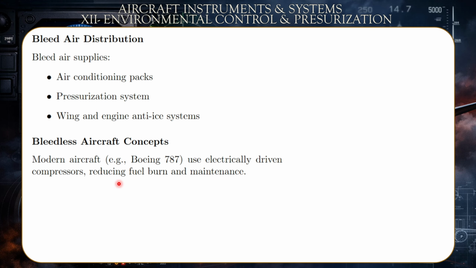This would reduce the fuel burn and it would also reduce maintenance. This, in fact, would lower the strain or pressure on the engines. This is how it lowers the consumption of the fuel. Okay, why? Because it would be mainly driven by electrical power rather than mechanical power derived from the engines themselves.